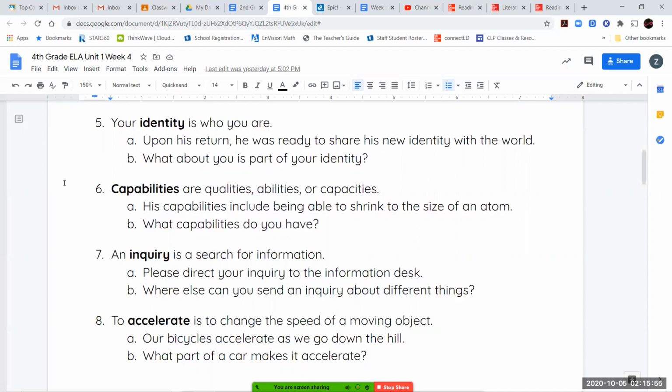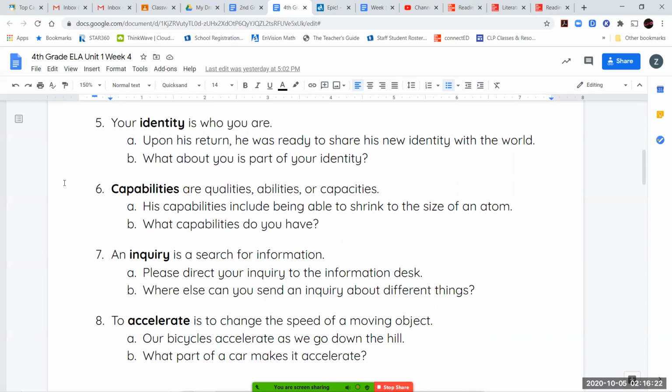If you have Ant-Man, right? Ant-Man has the ability or the capability to shrink down to the size of an ant. Hulk has the ability to change into the big green Hulk monster or back down to Dr. Banner. So your capabilities are things or qualities that you have, or they're things that you can do.